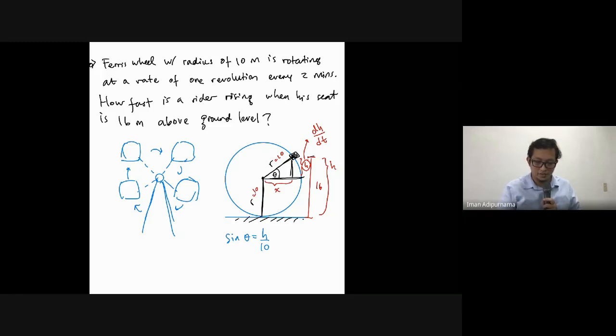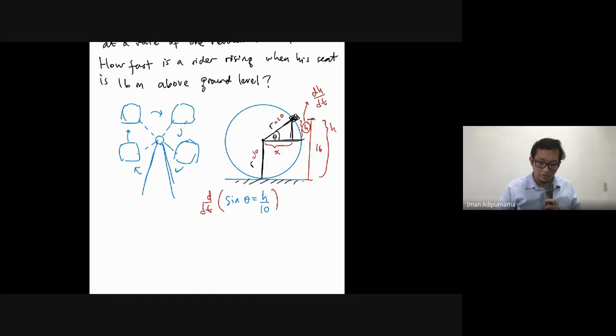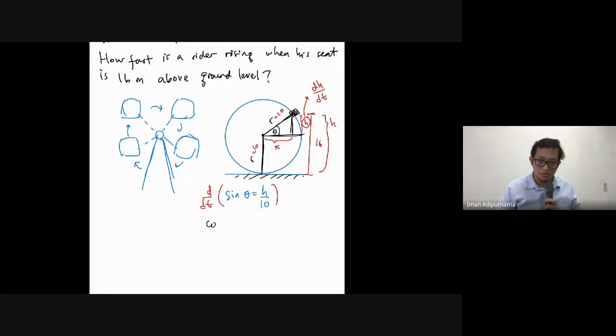Let's just derive these equations with respect to t, and you will get, for sine, it will be cos theta d theta dt, okay, and then h will be 1 over 10 dh dt, right?